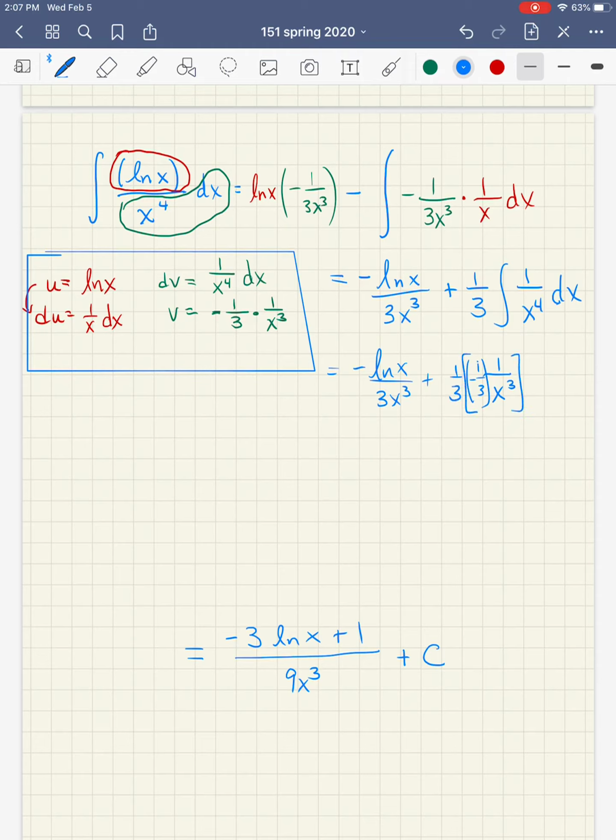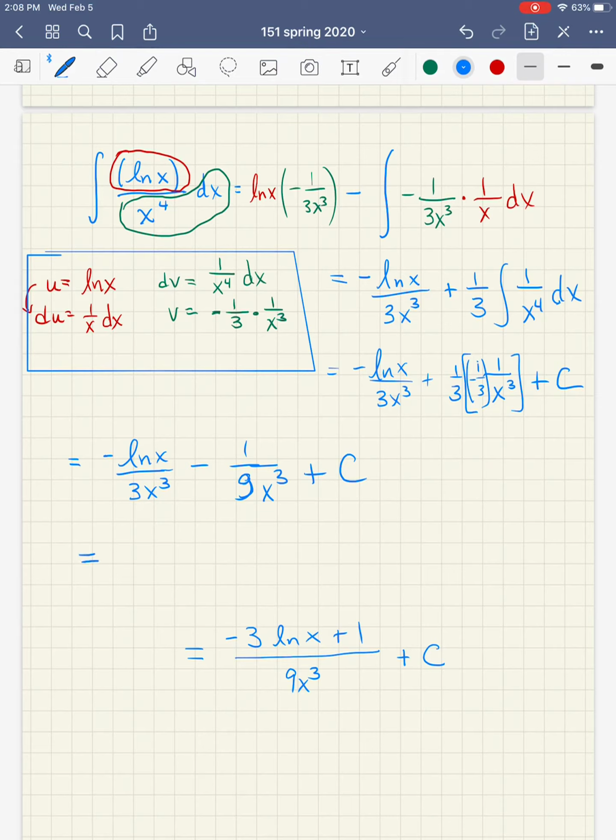When I fully simplify, I get negative log of x over 3x cubed plus 1/9. Actually, it's a minus. So minus 1/9 over x cubed plus c. Maybe I better put that plus c back in there.